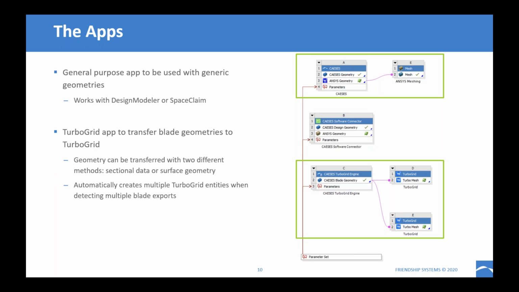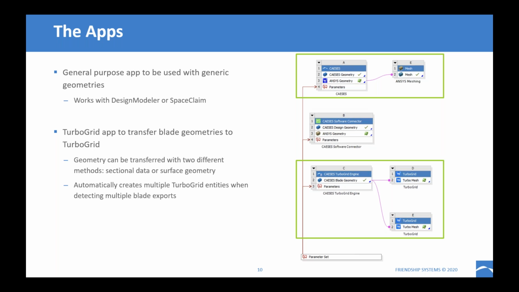Then we have a more dedicated app for turbomachinery applications, which is used to transfer blade geometries to TurboGrid. We have two different methods with which we can transfer this geometry. We can create sectional data for the blade and transfer those sectional blade data, or we can export the surface geometry of the blade and transfer that to TurboGrid.